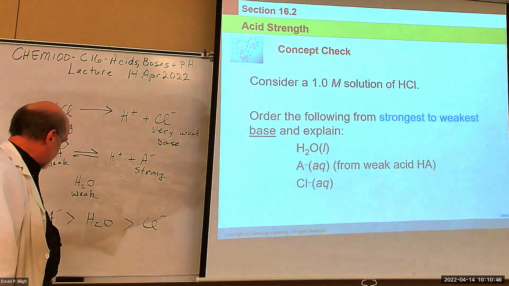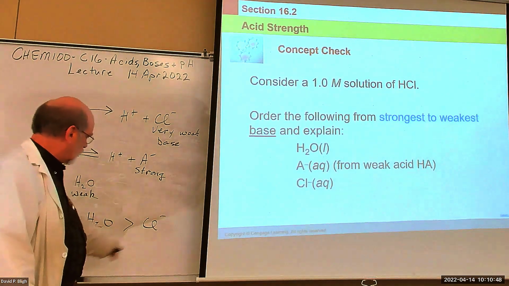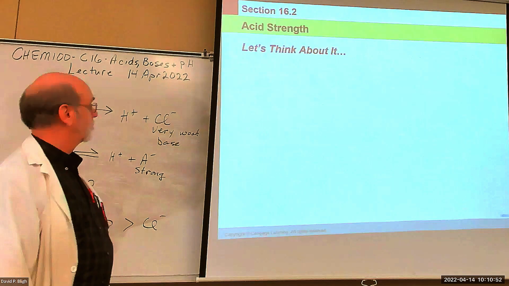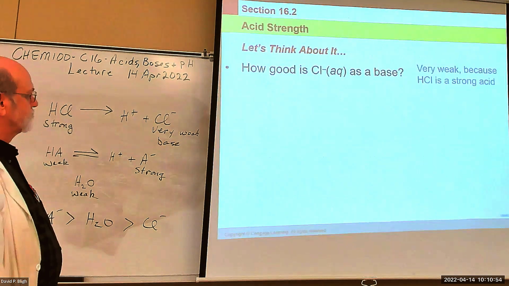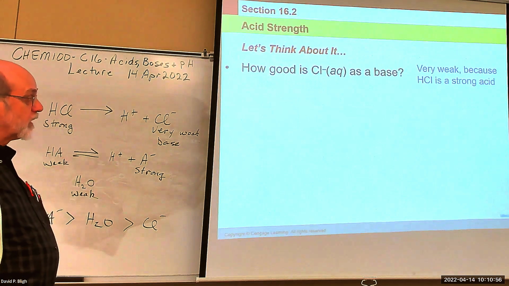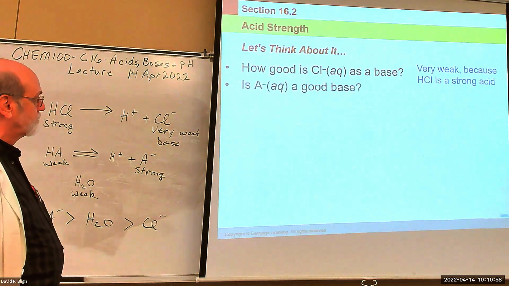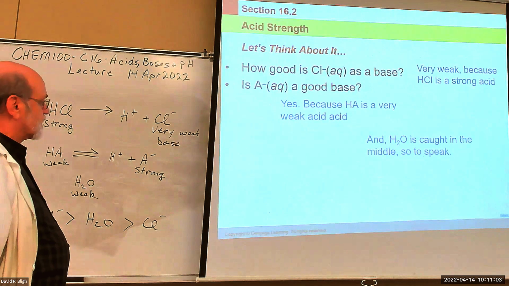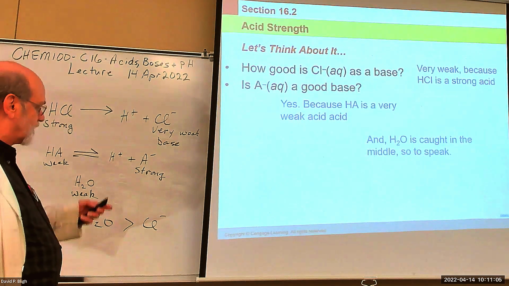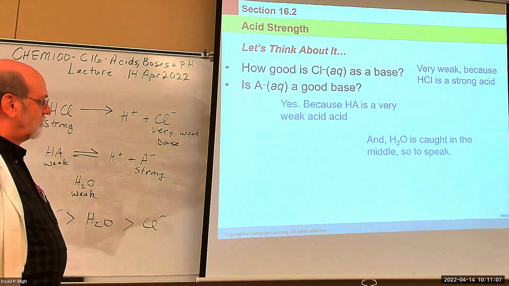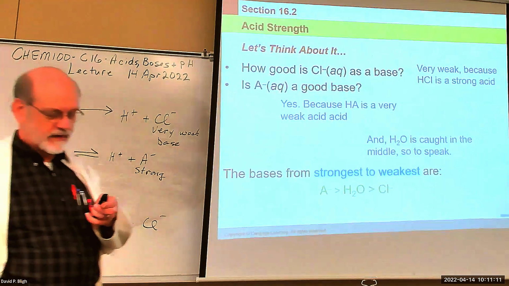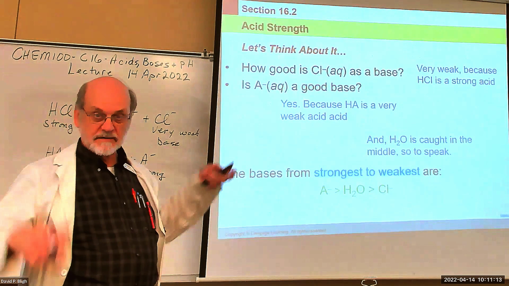This is the strongest acceptor of protons. This is the weakest, and water is in the middle. Right? Chloride is very weak as a base. A- is a good base, because HA is a very weak acid. And water's caught in it. Okay, that's the logic behind solving this problem.